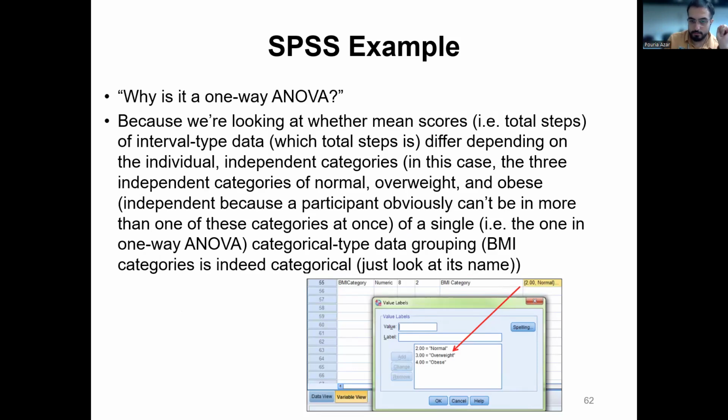So in our research question, why is it a one-way ANOVA? Why do we choose one-way ANOVA rather than other tests? First of all, as I said, we have one dependent variable, that's our total steps. And we have 3 groups, the BMI categories: normal, overweight, and obese.